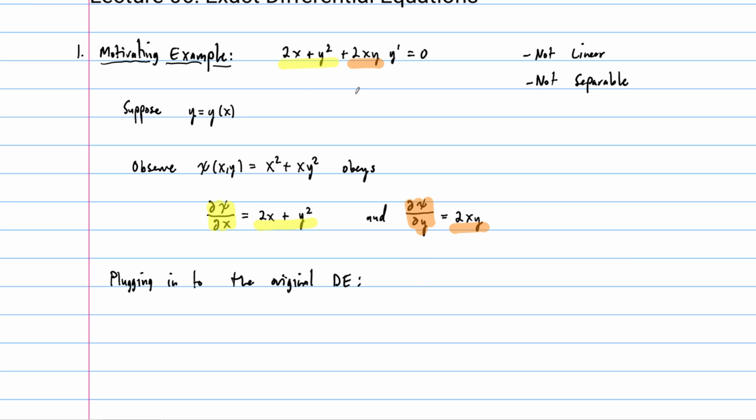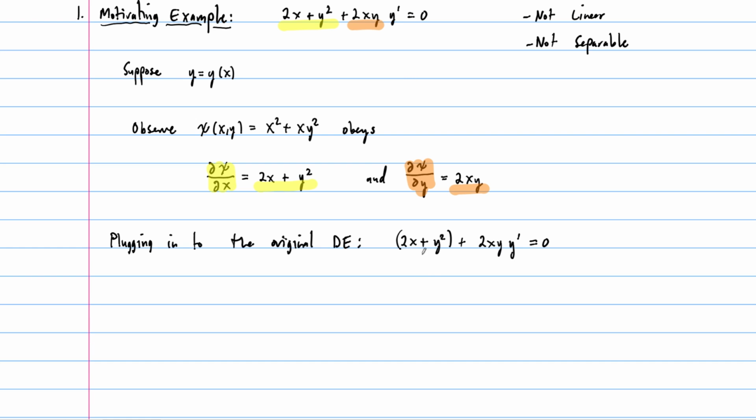And so this equation now becomes 2x plus y squared in parentheses plus 2xy times y prime equals 0. Remember, y prime here means dy/dx, so we're going to rewrite it in a minute. But making our substitutions based on the function that we found here, this is going to be partial C partial x plus partial C partial y times y prime. But again, we can write y prime as dy/dx, right?